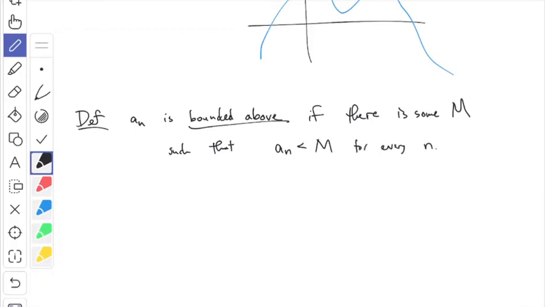If that's true, then we say the sequence is bounded above by M. M is called the upper bound.